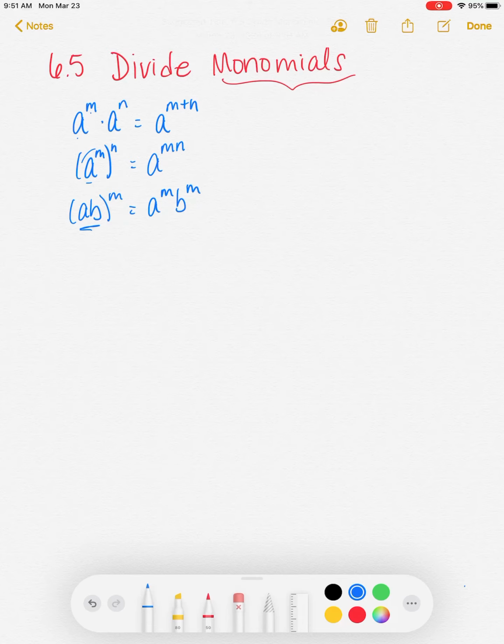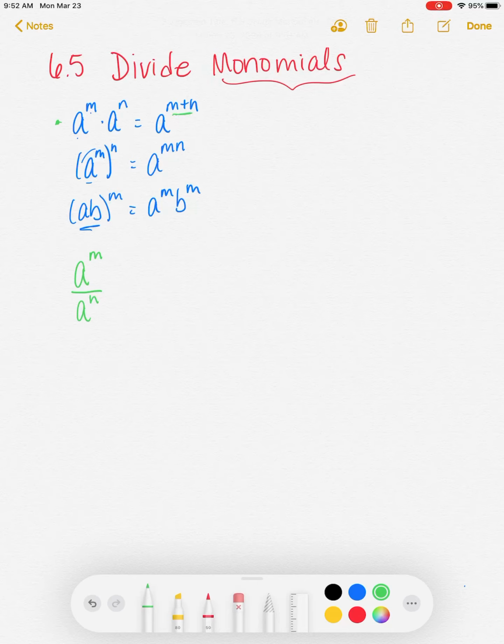Okay, so we have an equivalent property when we are dividing. Let's say we have some a raised to the mth power divided by a raised to the nth power. Just like up here, when we multiplied and those bases were the same, we added them.